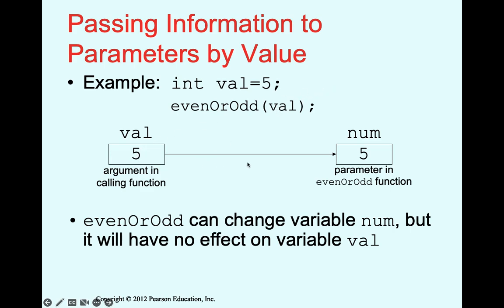So this 5 will be copied into num. Even if the function changes num, this will not change the original value of val, because I passed the parameters by value. So I give only a copy of this 5. So even if the function changes it, the original variable will not be changed, okay.